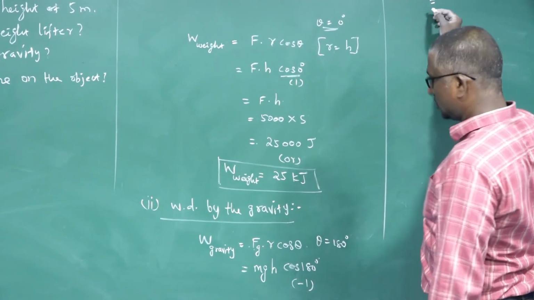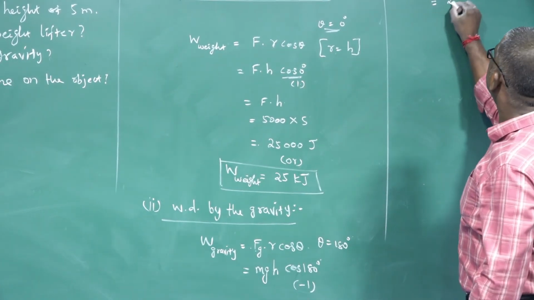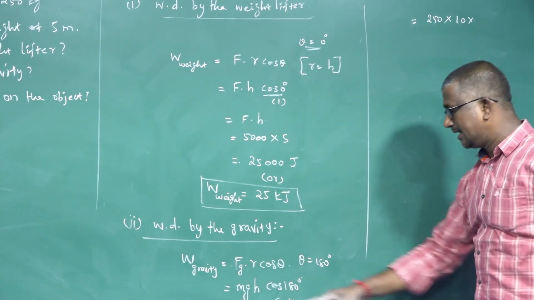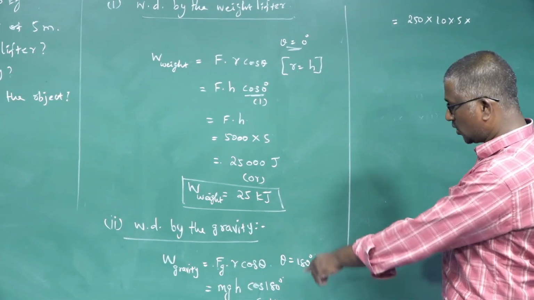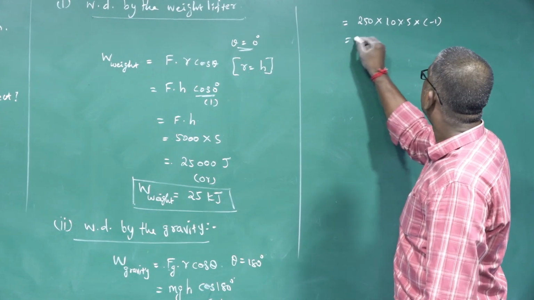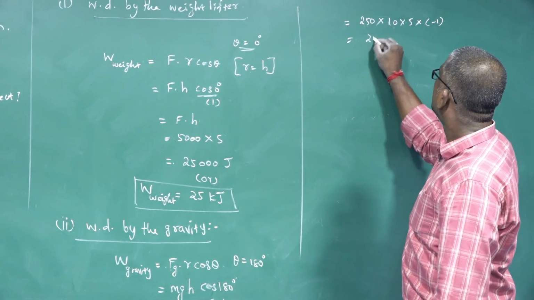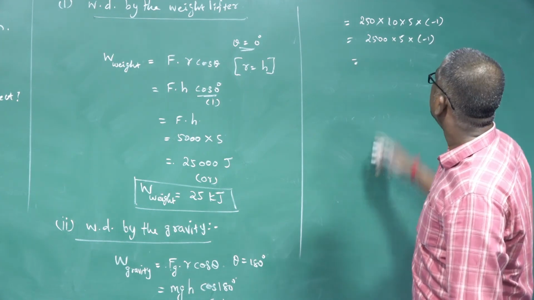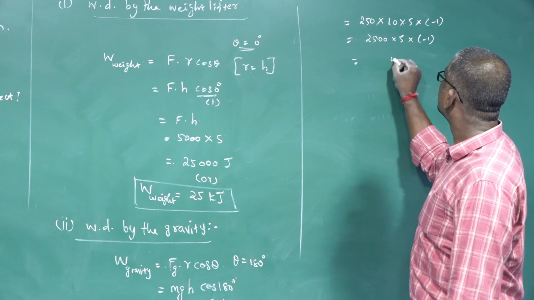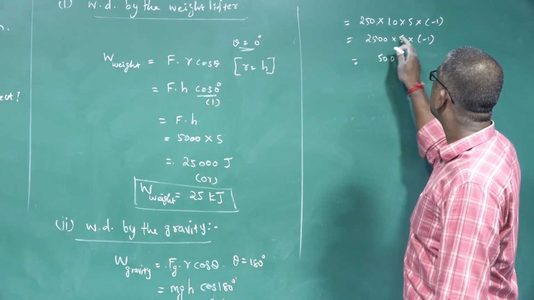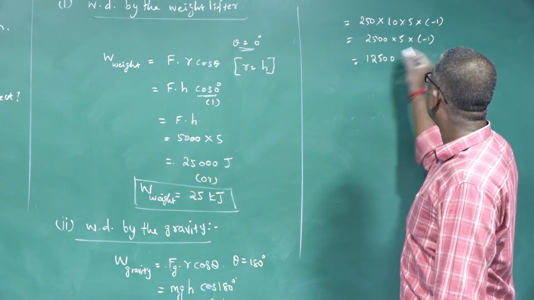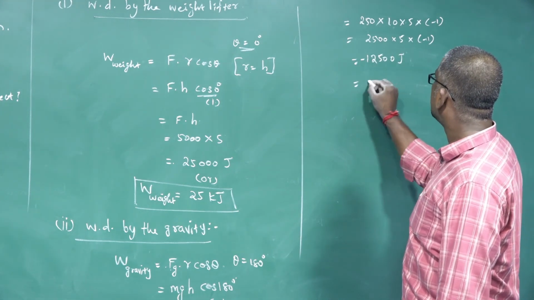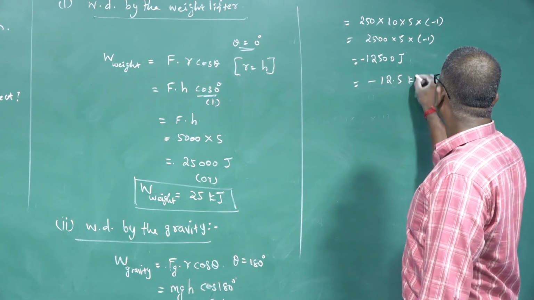That is equal to mass value 250 kg into g value taken as 10 and h value is 5 into cos 180 value minus 1. 250 into 10 is 2500, into 5, is 12,500, into minus 1, so minus 12,500 joule, in kilojoule minus 12.5 kilojoule.